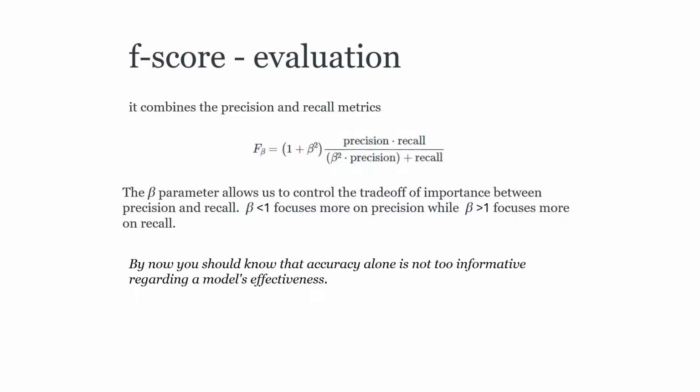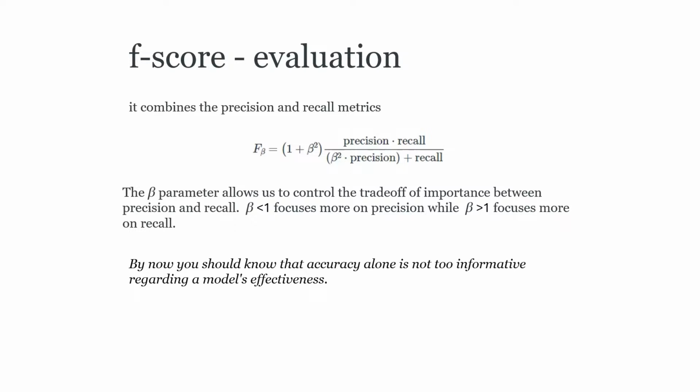So beta is involved in this equation in order to calculate the F-score. So just copy the formula, because before you calculate the F-score, you have to have precision and recall. And obviously, you have to have also the beta defined.